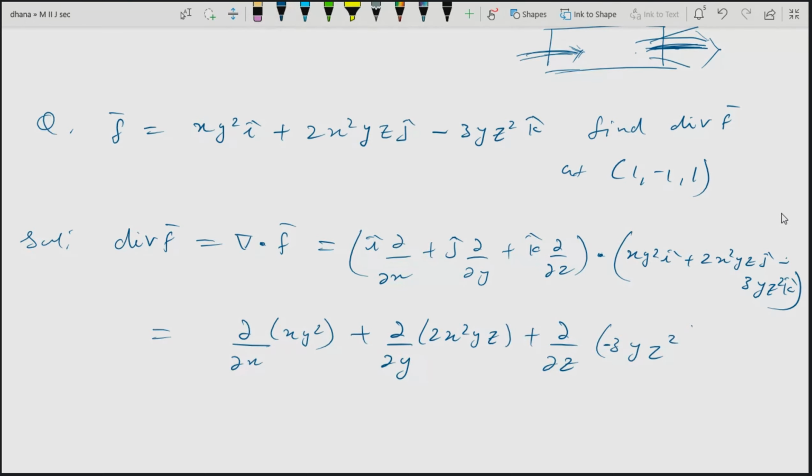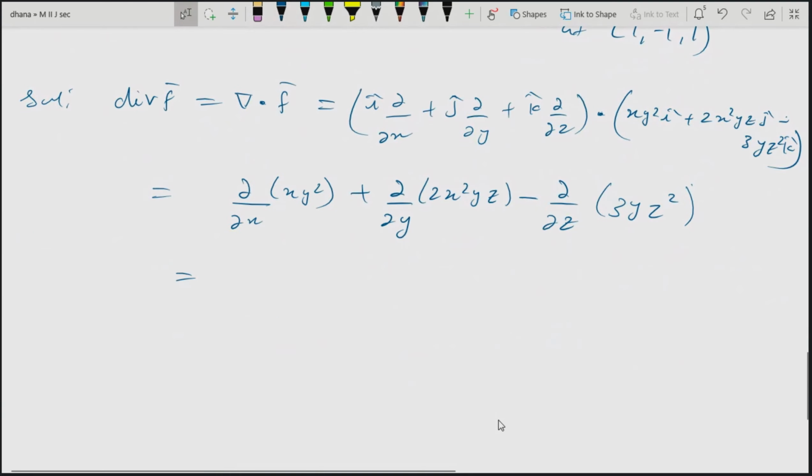So this minus I can write outside. Understood all of you? Very easy, nothing here. Understood or not?